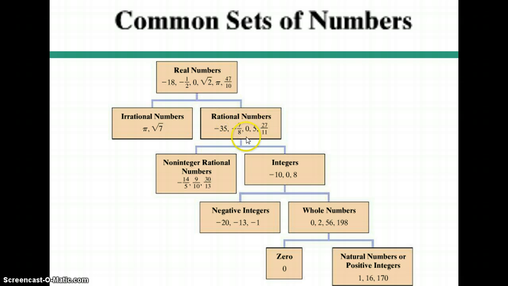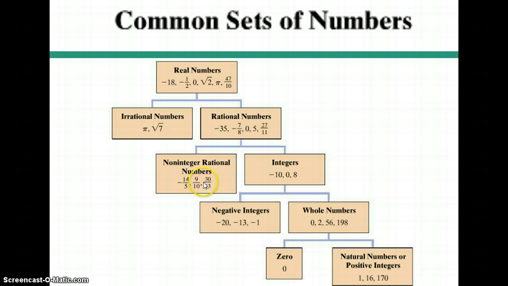Rational numbers: negative 35, negative 7 over 8, 0, 5, 27 over 11. Again, rational numbers are divided into non-integer rational numbers or integers. Non-integer rational numbers.